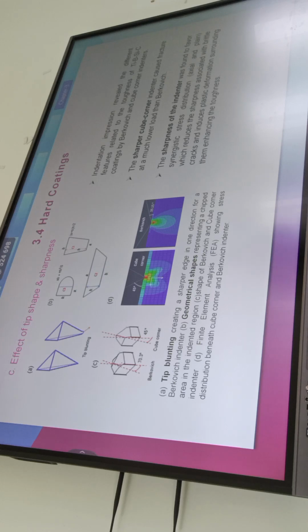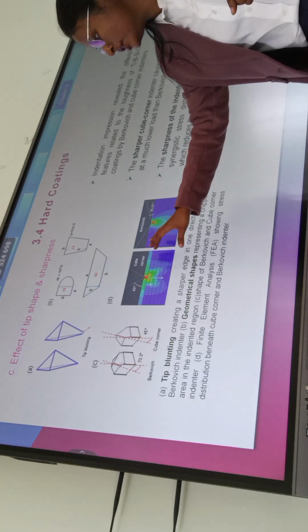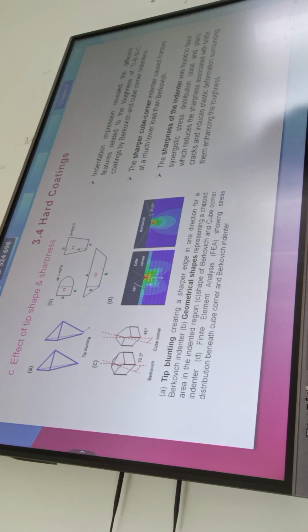After the tip blunting, these are the images we got, on which FEM has been done. This gives the stress distribution in the case of the cube corner indenter and the vertical indenter. From this we got that the sharper cube corner indenter fractured at a much lower load than the vertical indenter.